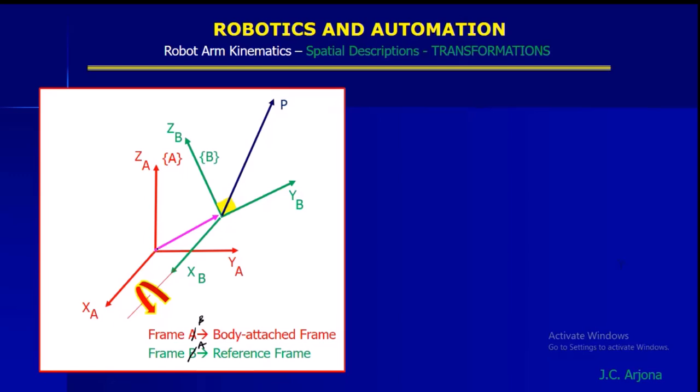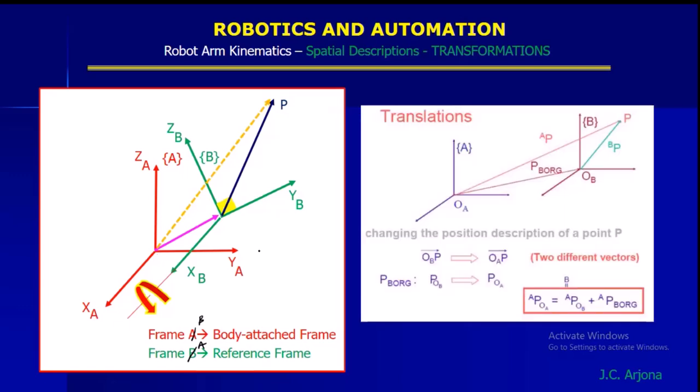And here is the origin of frame A. This is our frame A. We rotated that about the x-axis. And where is the P to A? The P to A is the dashed yellow arrow line. So this is the P to A. This is the vector which is with respect to the frame A. Now this is about translation.